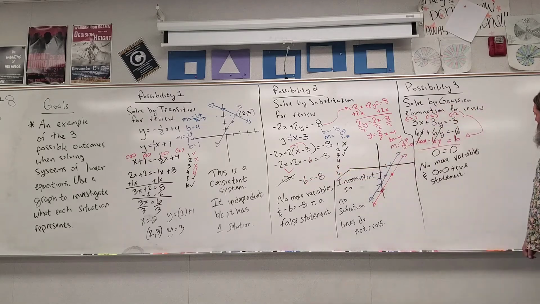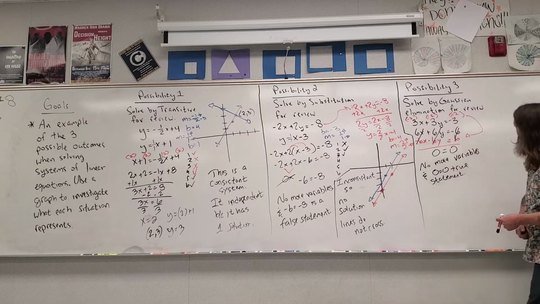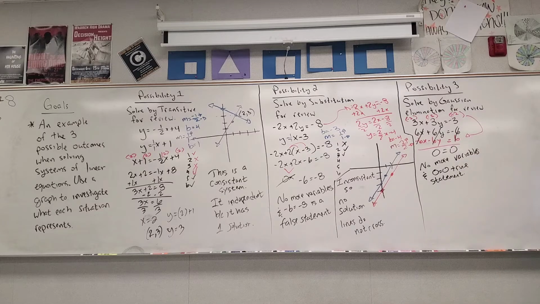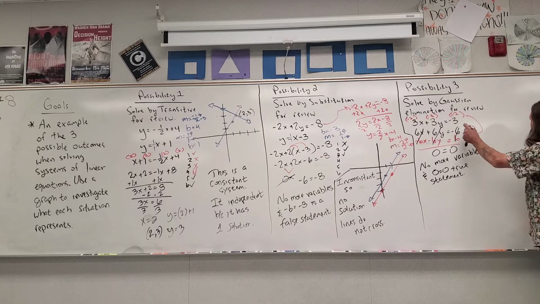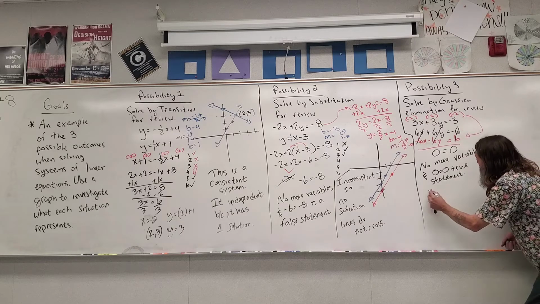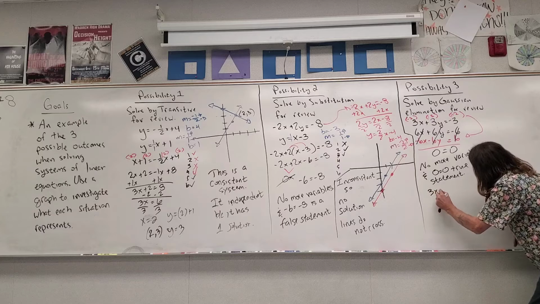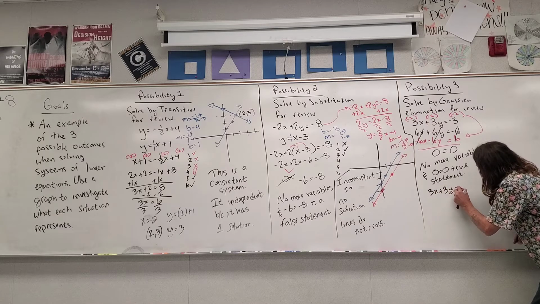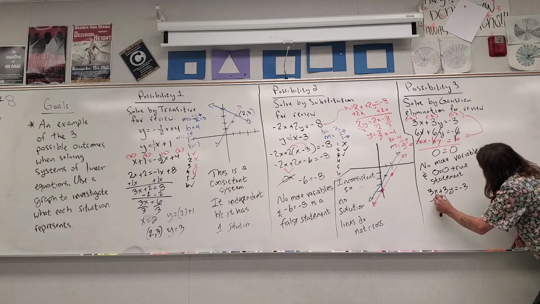All right, so think about what could happen. Maybe hit pause. Think about a possibility here. I'm going to rewrite each equation in slope-intercept form. Let me do that up here, so we have some room to graph down here and end this. Actually, I'll start right here. So I have 3x plus 3y equals negative 3.